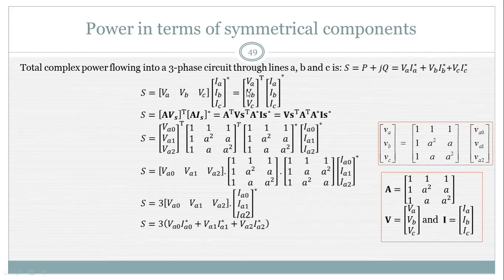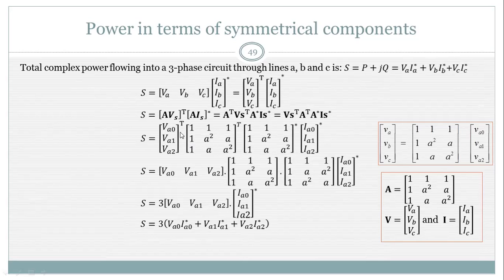To replace the phase voltage by the symmetrical voltage, we write A times the symmetrical component of voltage, because phase voltage is equal to the A matrix times the symmetrical component of voltage. Similarly, phase current is the A matrix times the symmetrical component of current. So we can break down this equation and put in these values.